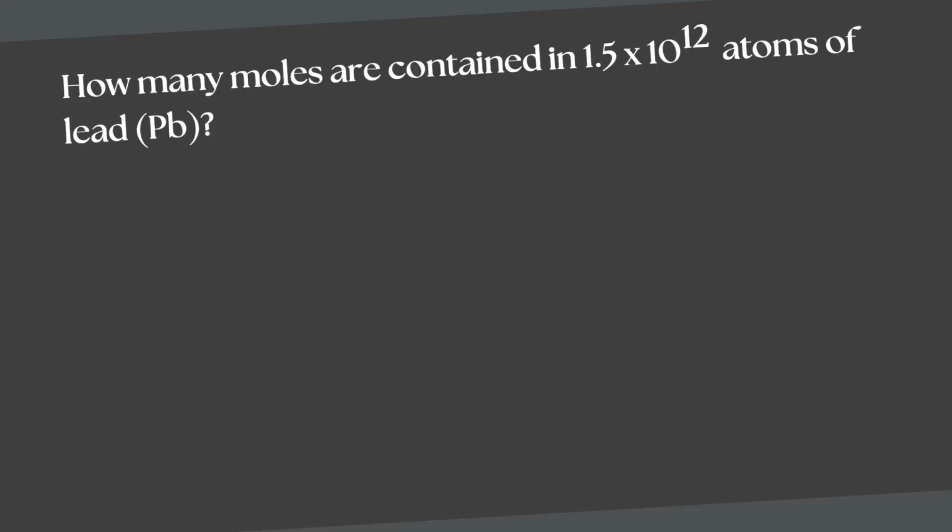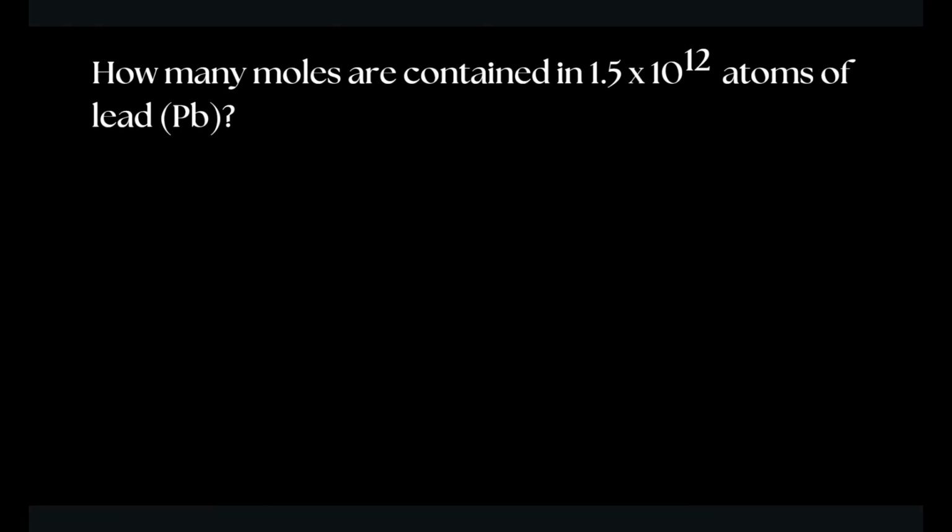Let's go ahead and take a look at our next example. It is asking how many moles are contained in 1.5 times 10 to the 12th atoms of lead. So just like before, we are going to start with what is provided to us in the problem, which is our atoms of lead.